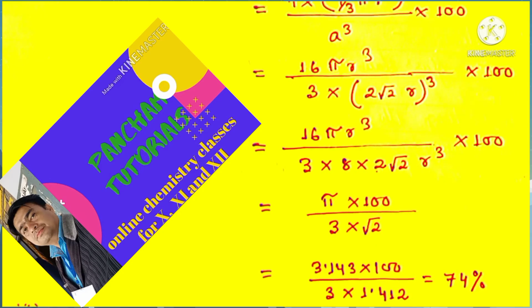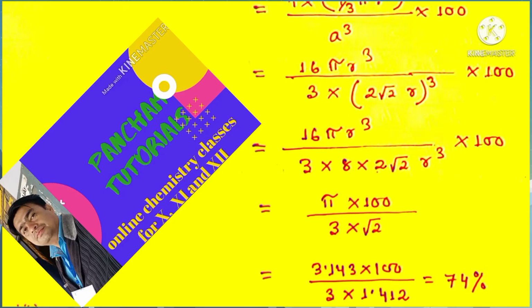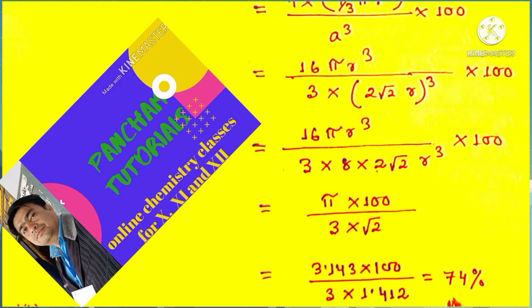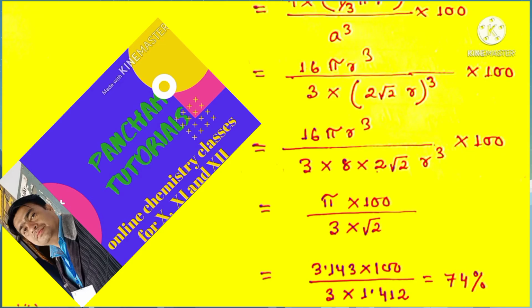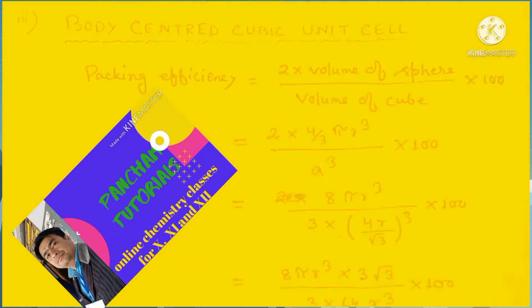So if we do the correct calculation, it will be nearly equal to 74%. So in a face centered cubic unit cell, the packing efficiency is 74%.